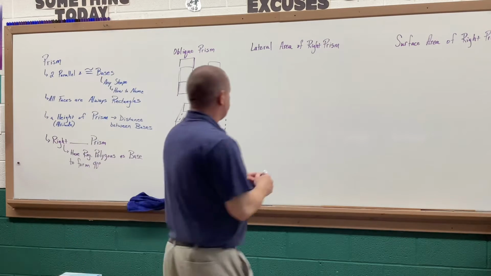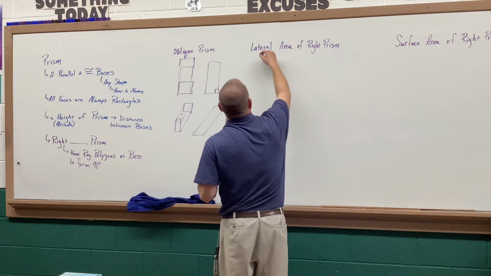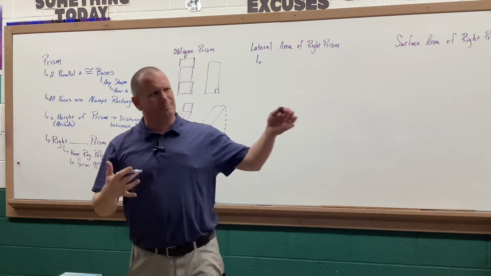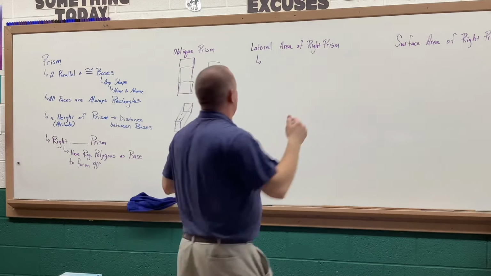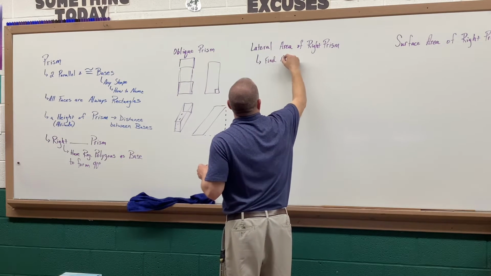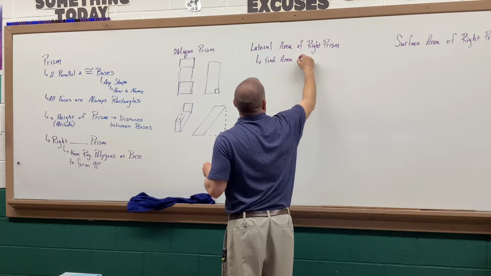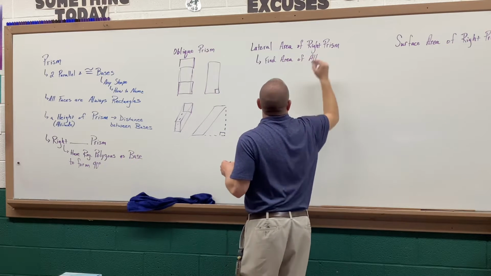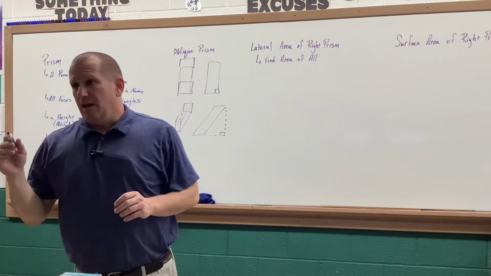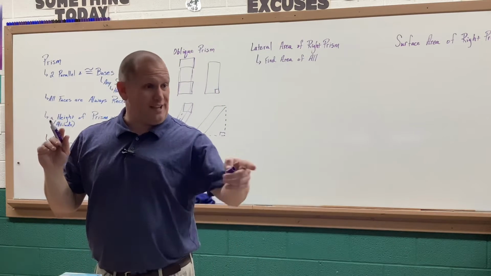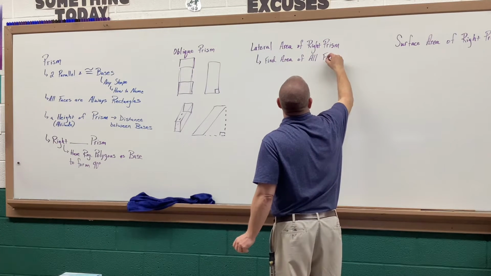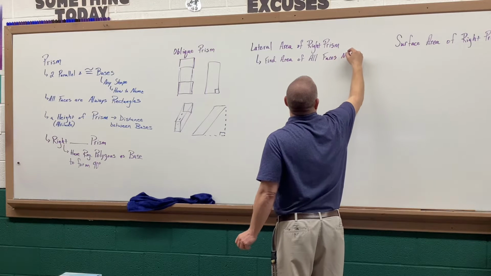So when we talk about the lateral area, I can say it this way sometimes: this would mean that I'm going to find the area of all faces that aren't bases. Find the area of all faces, not bases.